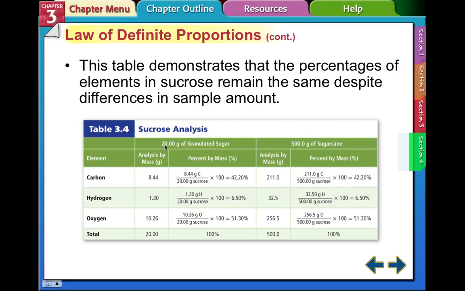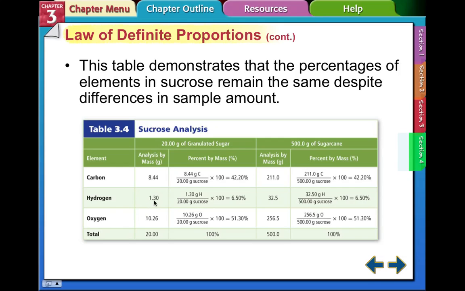we have sugar. Sugar is made up of carbon, hydrogen, and oxygen. So we have 8.44 grams of carbon in our 20 grams of sugar. So if we do the math and multiply through, we have 42.2% carbon.